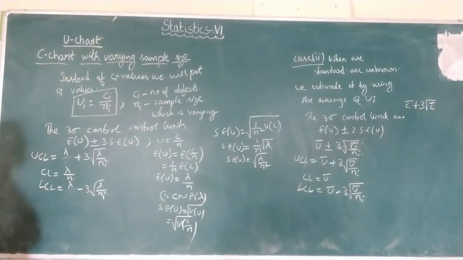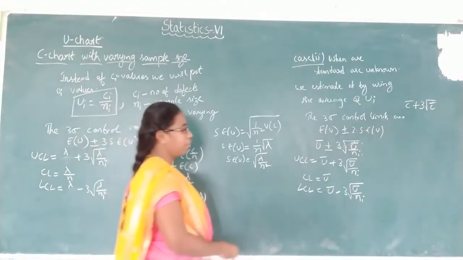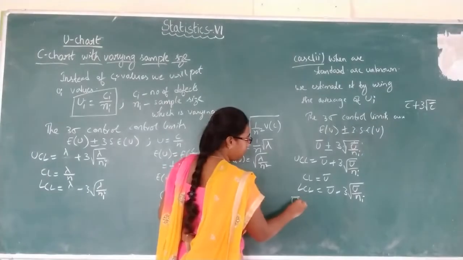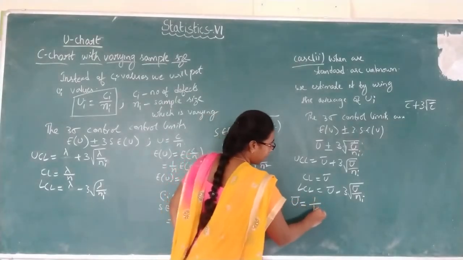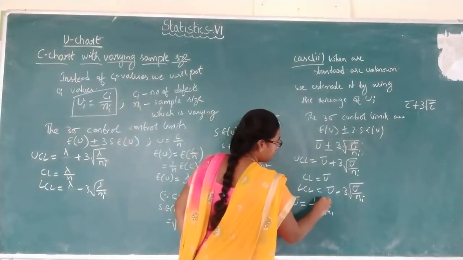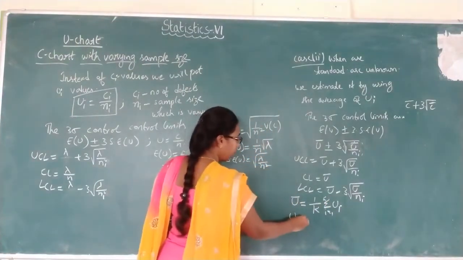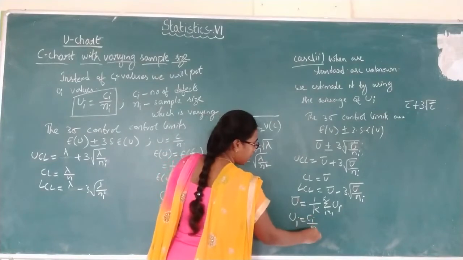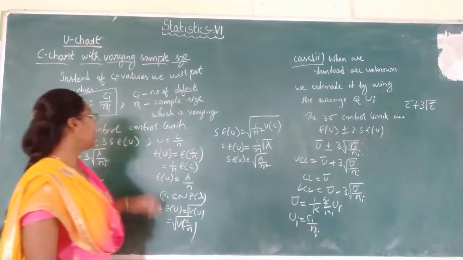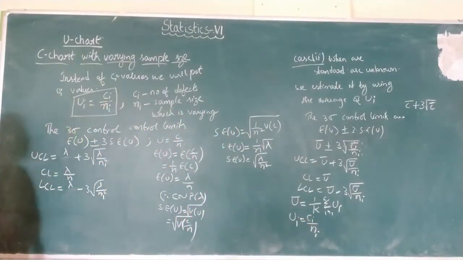What is the u bar value? U bar equals 1 by k summation of i equals 1 to k ui. And ui equals ci by ni, where ci is the number of defects and ni is the sample size.